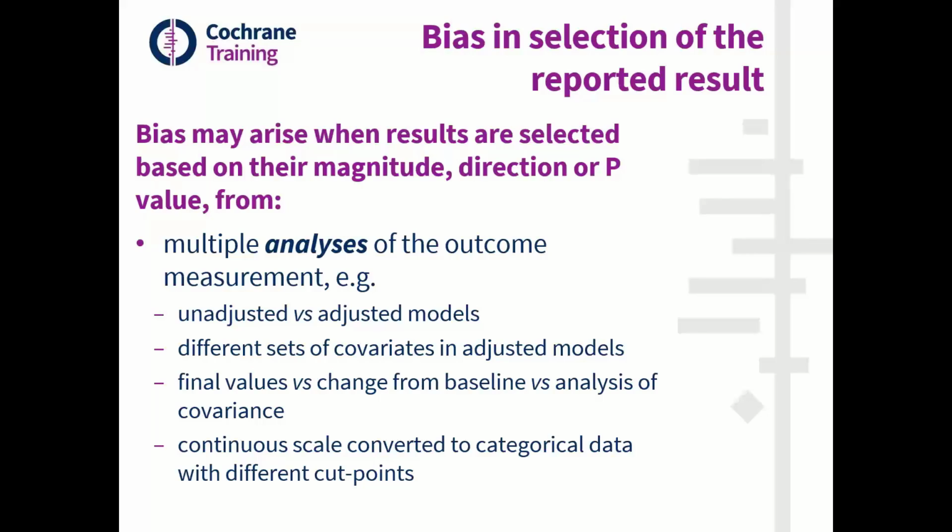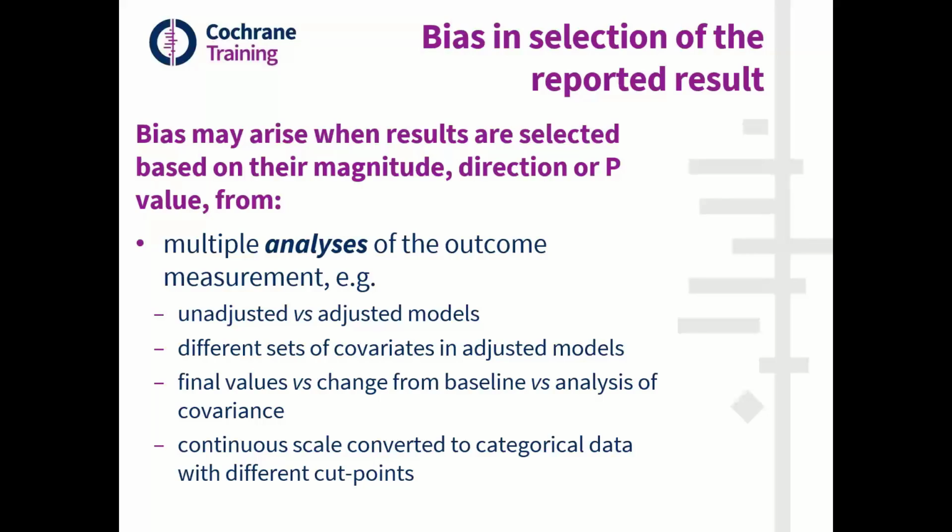They might decide to look at what happens when you analyze the data at a particular time point. So that's what we call a final value, as compared to when we analyze the result as change from baseline score, or as a score that's adjusted for baseline scores using an analysis of covariance.